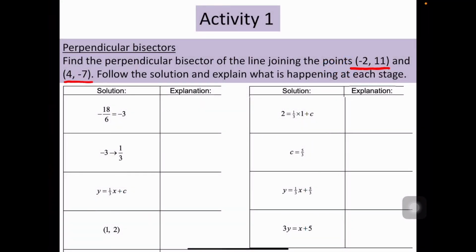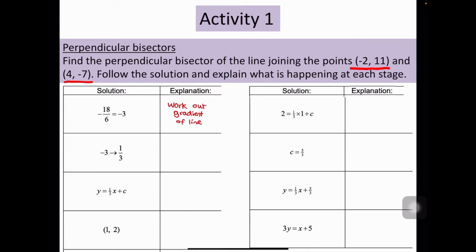Okay, so step 1, I can see -18/6. Well, that is clearly working out the gradient. So work out the gradient of the line. Now, using the -3, we have worked out 1/3. So we've written the negative reciprocal of -3. Why?